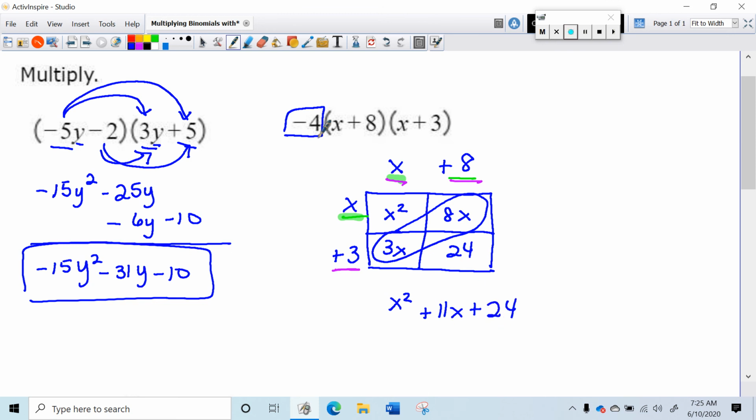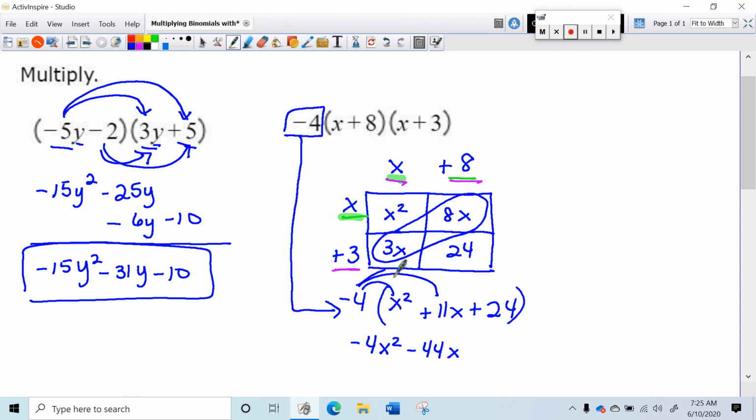However, remember that negative 4 that we had at the beginning in front of all the binomials? You've got to multiply your final answer, everything, by negative 4. So negative 4x squared. Negative 4 times 11 is negative 44, and I've got an x. And the negative 4 times 24 is a negative 96.